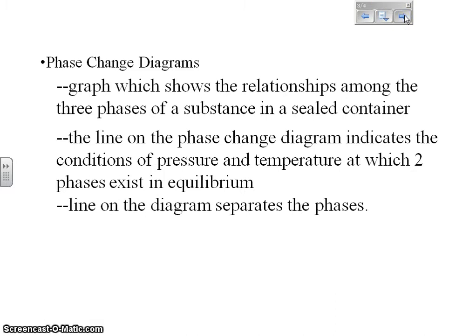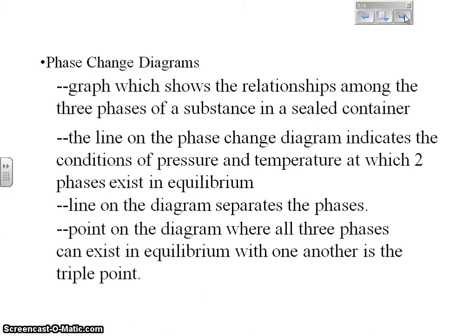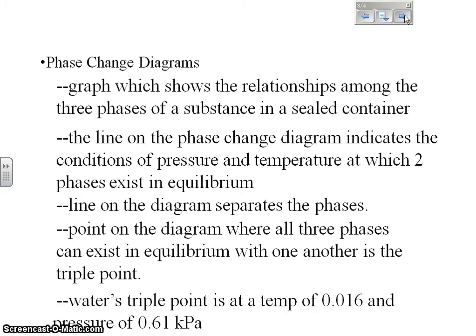All right. The line on the diagram, and you're going to see this line in just a second or two, will separate the phases. The point on the diagram where all three phases can exist in equilibrium with one another is called the triple point. All right. Water has a triple point, and it takes place at a temperature of 0.016 and a pressure of 0.61 kilopascals.